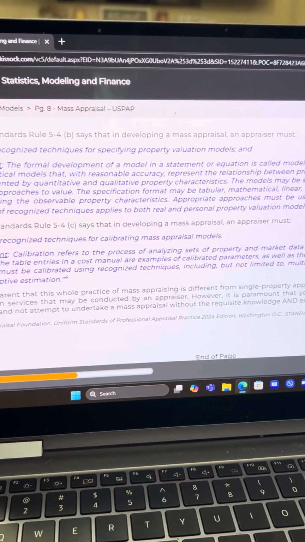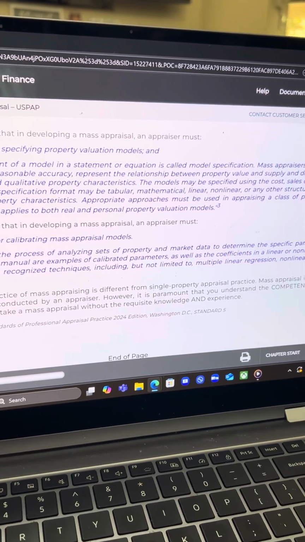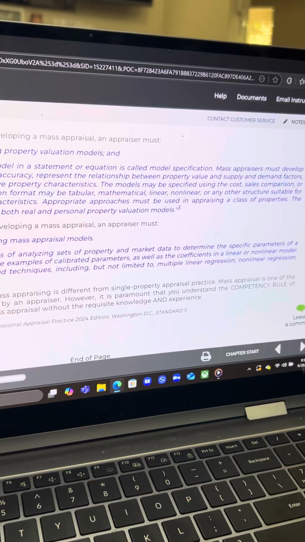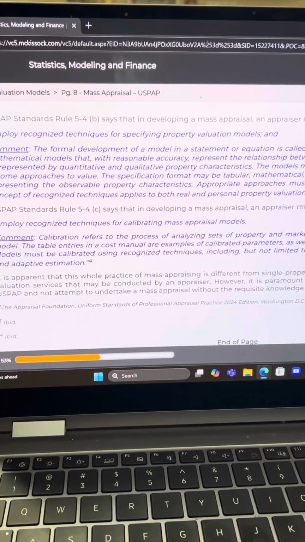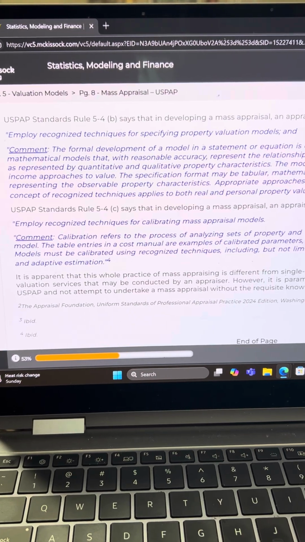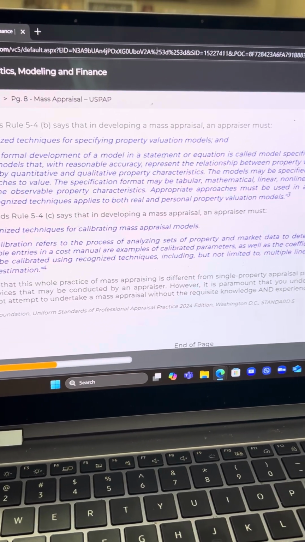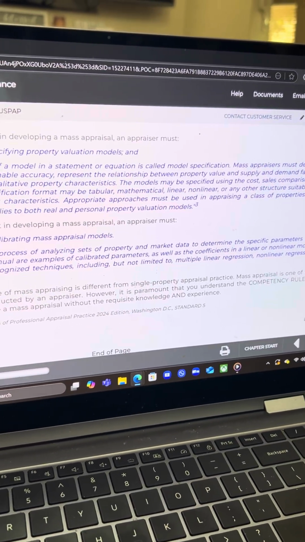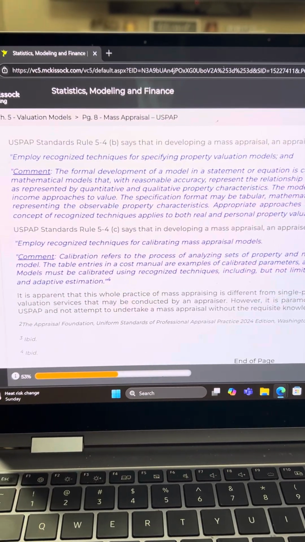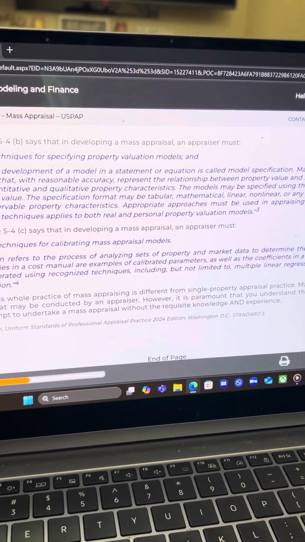The specification format may be tabular, mathematical, linear, nonlinear, or any other structure suitable for representing the observable property characteristics. Appropriate approaches must be used in appraising a class of properties. The concept of recognized techniques applies to both real and personal property valuation models.